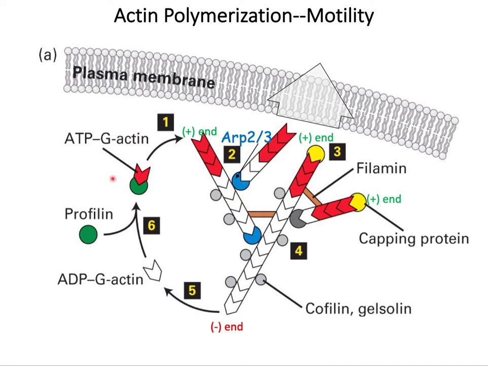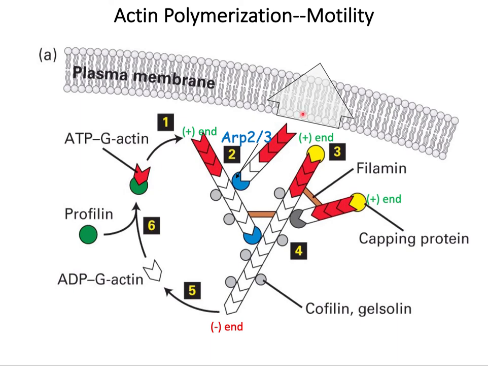Here is profilin in green, charging the ADP G-actin that is coming off the minus end. Profilin is making the ATP G-actin, so you can get further growth at the plus end. The forces generated by the growth of all these branches will push the membrane forward. This is all happening at the leading edge.